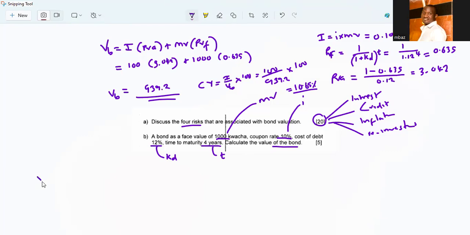We also sometimes are not given the market rate. We can call that the yield to maturity. So yield to maturity is equal to what? What's the formula for the yield to maturity? Who remembers?